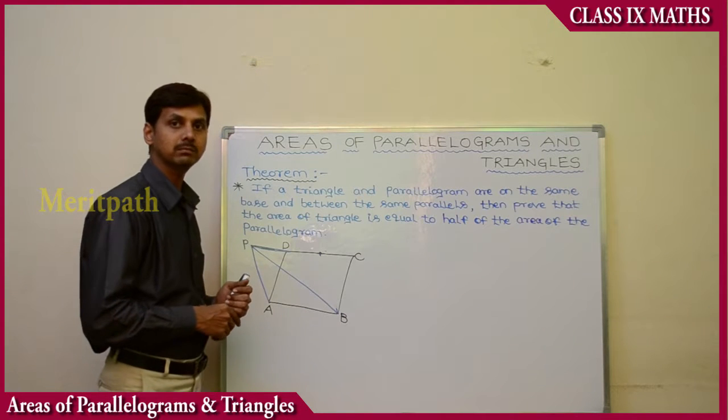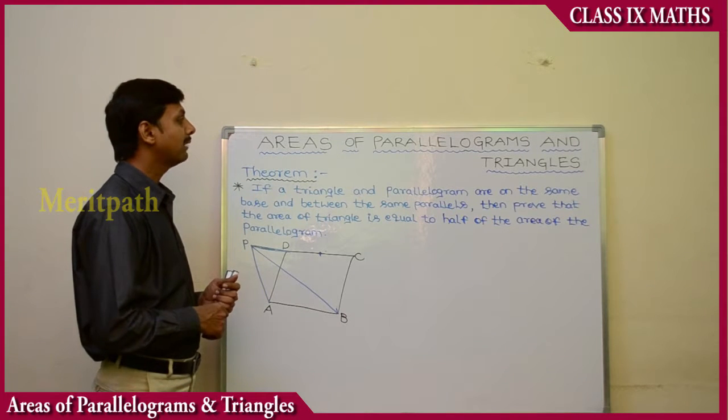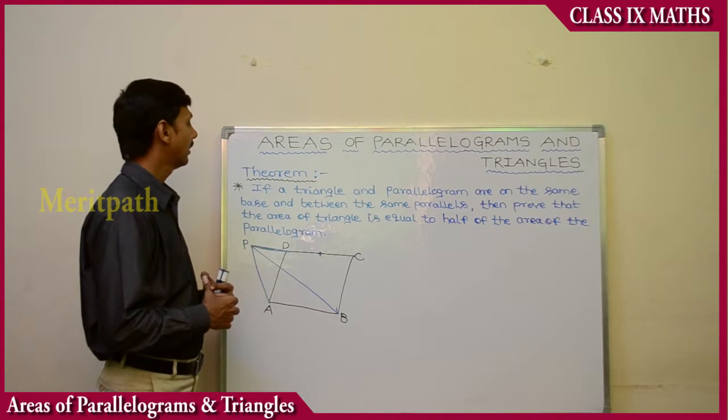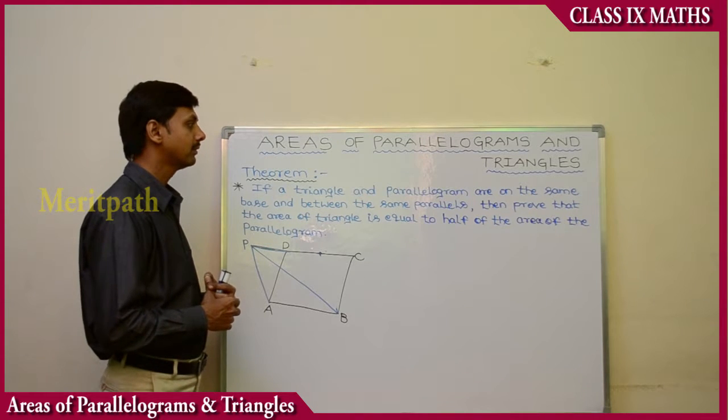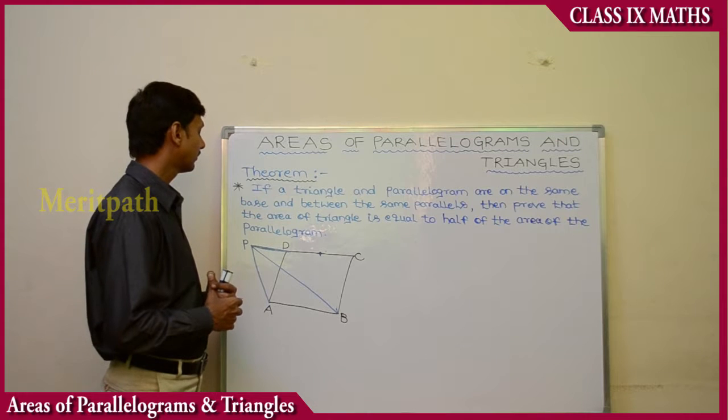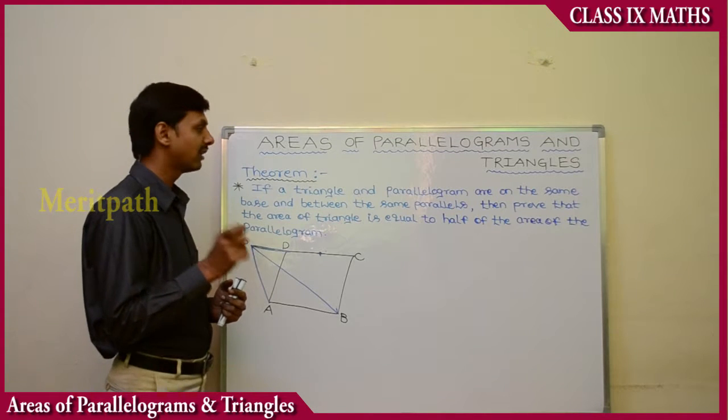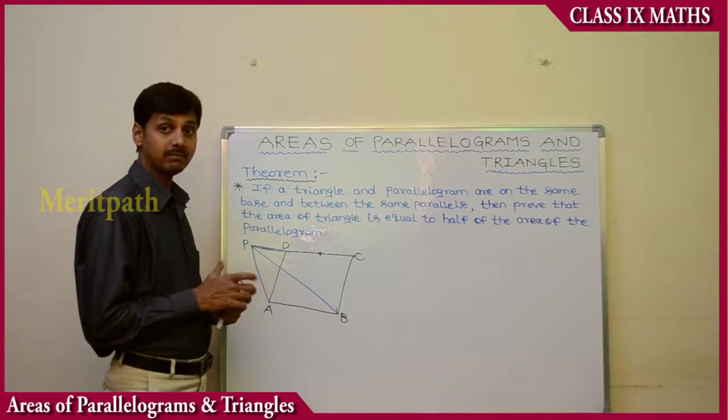Let's take one of the theorems. If a triangle and a parallelogram are on the same base and between the same parallel lines, then prove that the area of a triangle is equal to half of the area of a parallelogram.